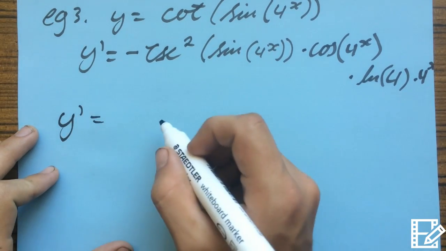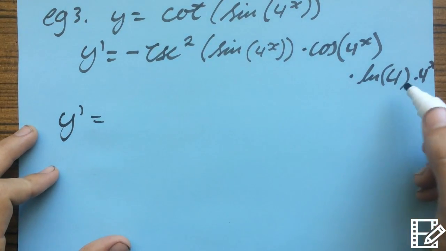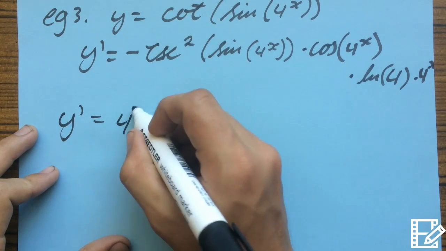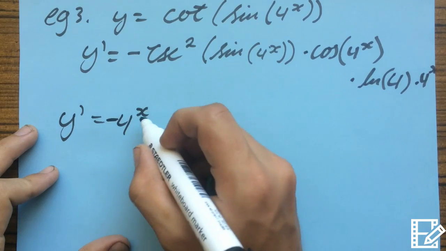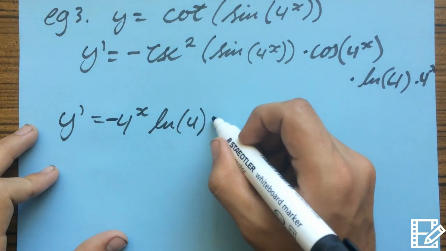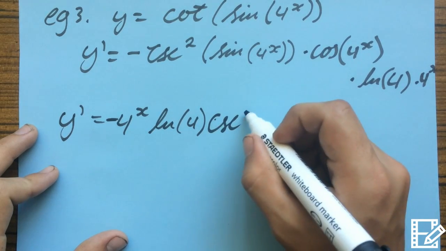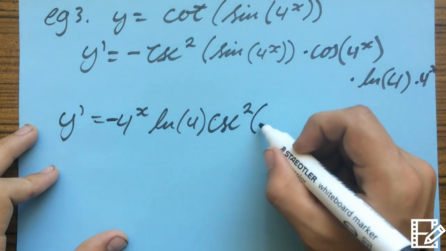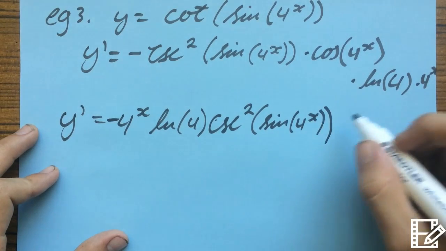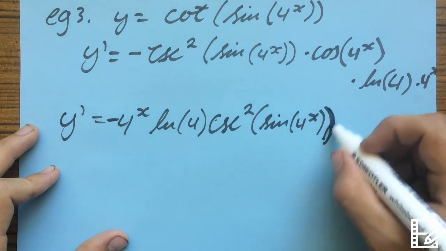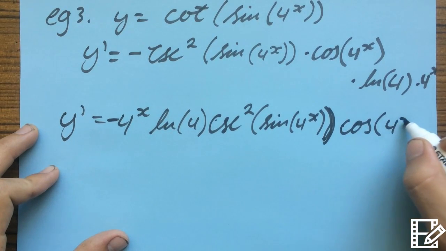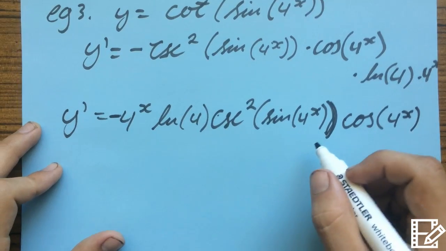We can make this look a little neater by bringing it together: negative ln 4 times CSC squared of sine of 4 to the power of x, multiplied by cosine of 4 to the power of x, times 4 to the power of x.